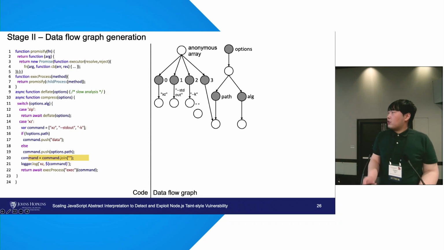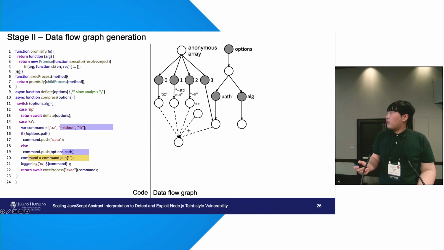For example, at line 20, the function elements in the array are contained into a string. Therefore, we can add data flows from the function elements to the newly created string object and mark it with the operation type. Then it's assigned to the variable command.